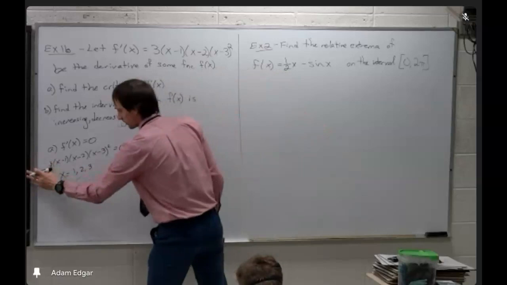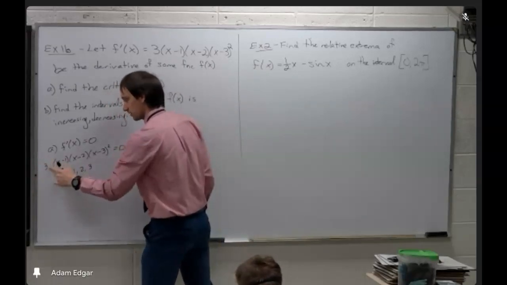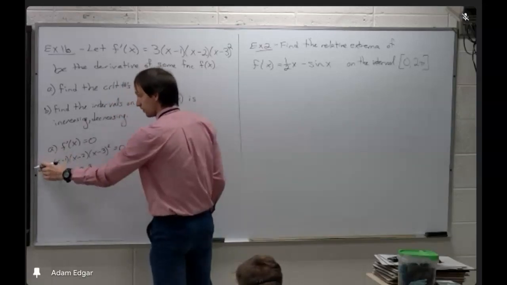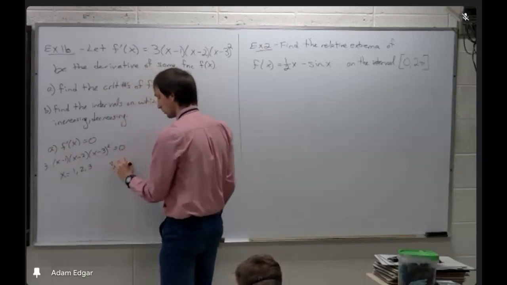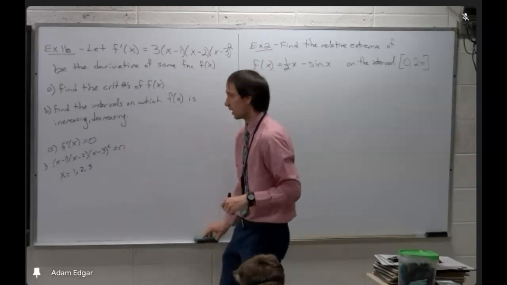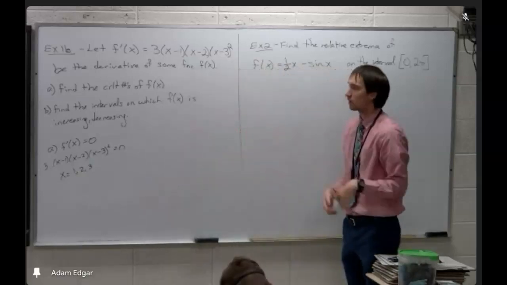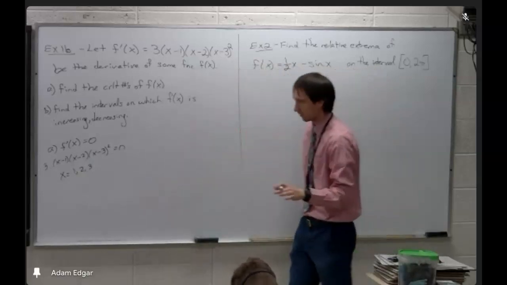Because this is not 3x. It gives us 3. So you could take the 3 factor out front and say 3 also equals 0, and then you would say, no, it doesn't. But since there's no x on that 3, that doesn't give you another solution. So yeah, watch out for that little detail.